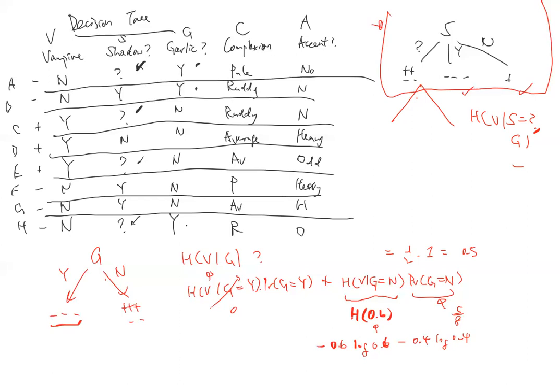Even for this shadow case, I can do binary: maybe I group question mark and no together, so I just say yes as one group, and no and I don't know as another group, and then we can still form a binary tree. So lots of variation you can do.